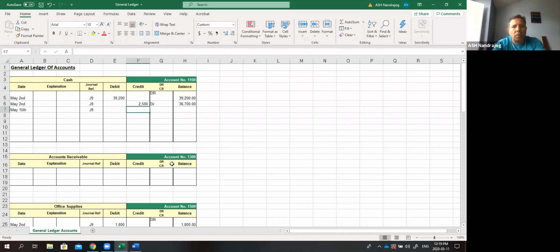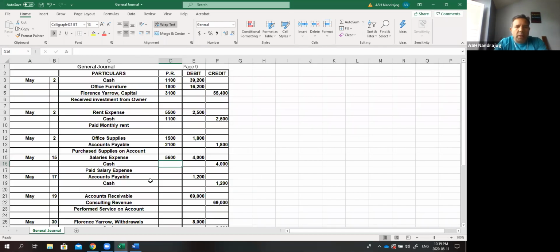So $4,000 of credit. And now we still have a debit balance because we still have 36,700 in debit. So, but it is going down. Now our balance is 32,700. So we go back to our journal and we would post the account number for cash, which is 1100.